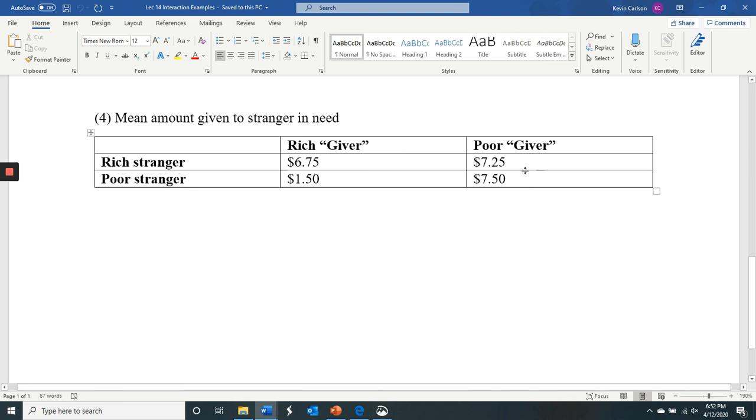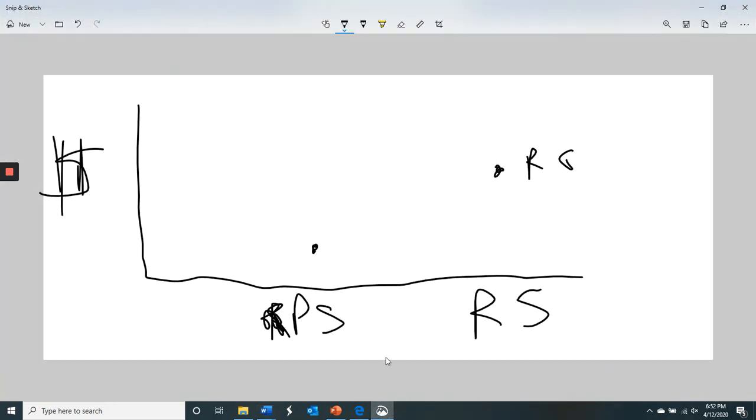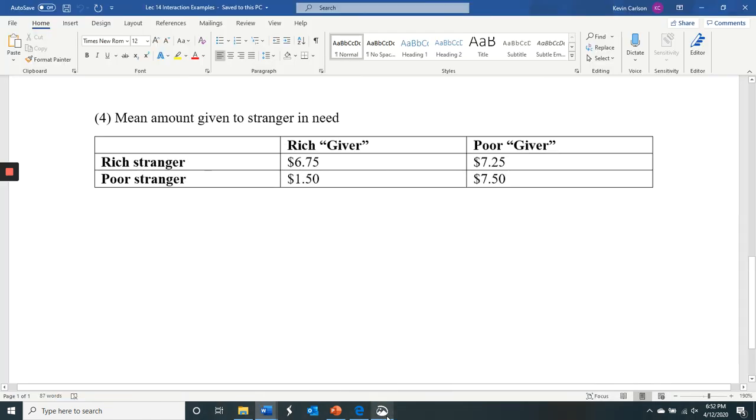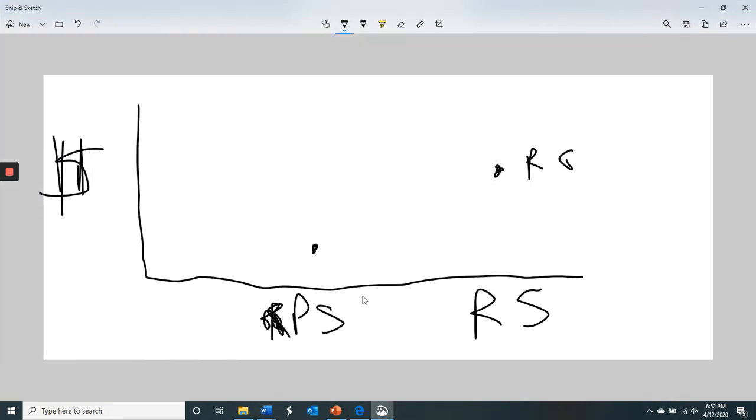And then the poor giver gives $7.50 to the poor stranger and $7.25 to the rich. I want to make sure where that rich person is. Okay, $7.50 for poor and $7.25 for rich. I want to connect these lines before I forget. I think it was something like this and something like this. They don't cross.